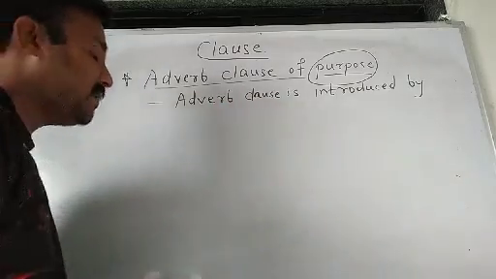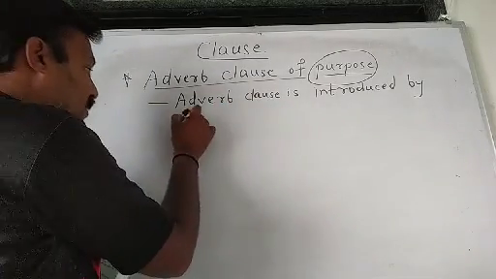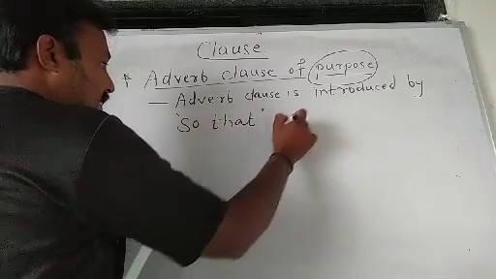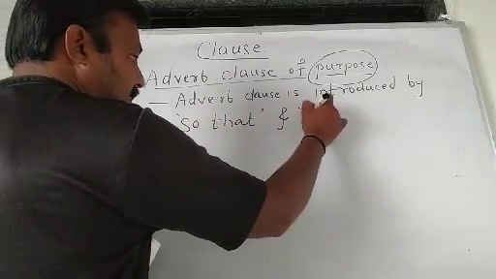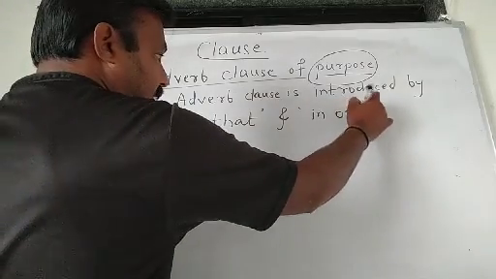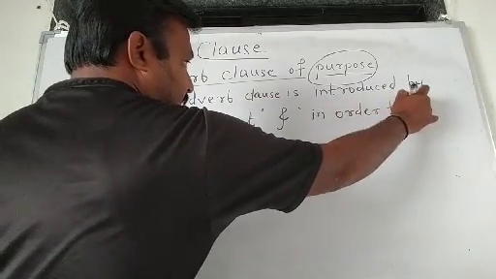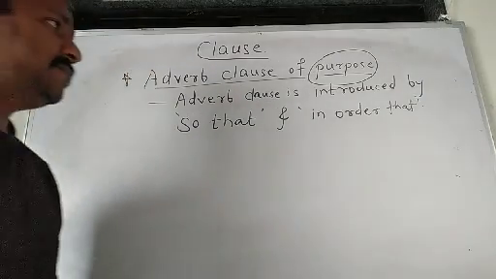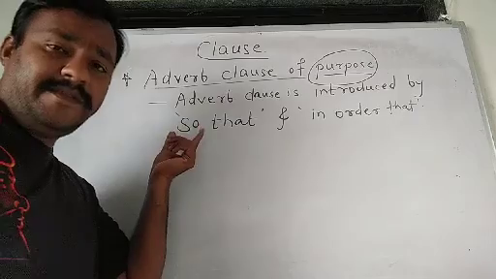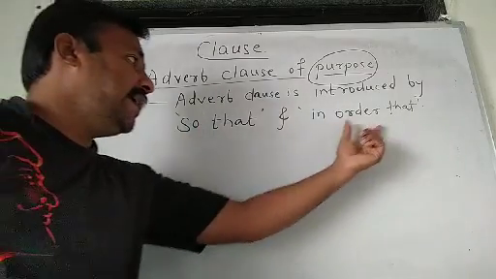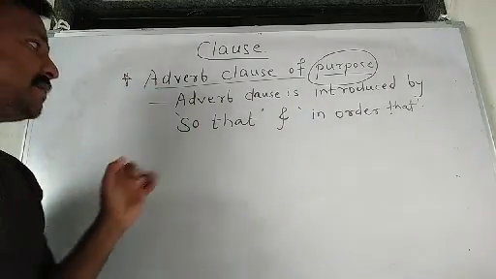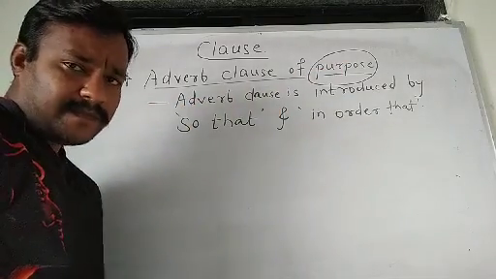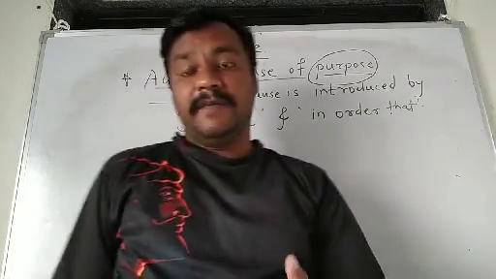It is introduced by "so that" and "in order that". Here we have these two conjunctions, and if we find "so that" and "in order that" in the sentence, then the type of adverb clause is adverb clause of purpose. How to identify it?